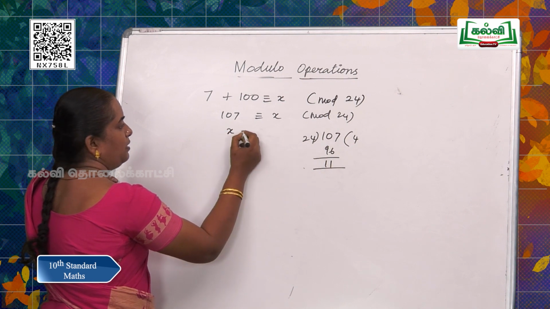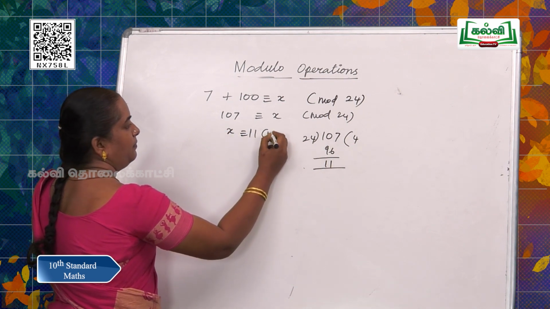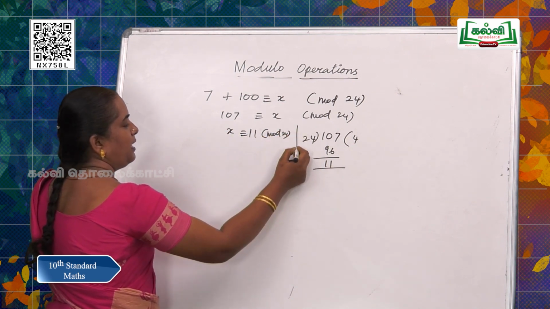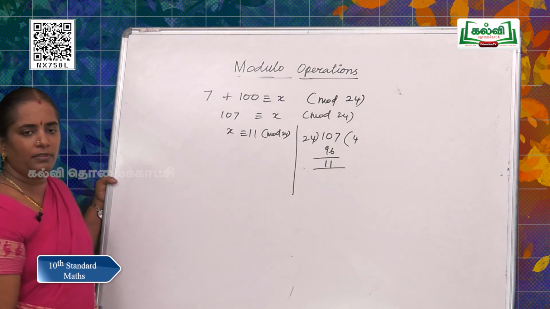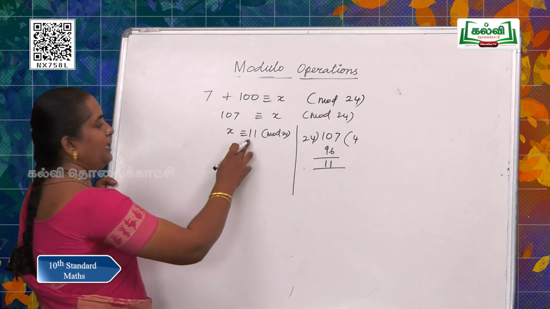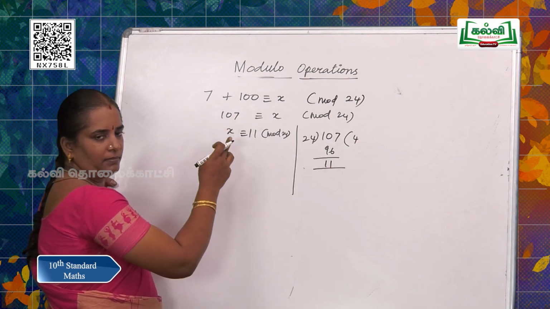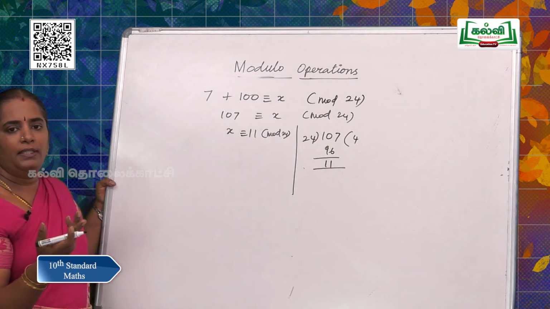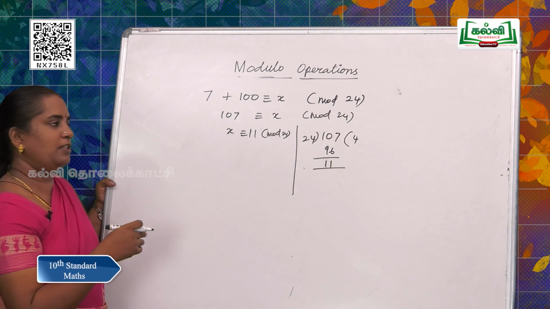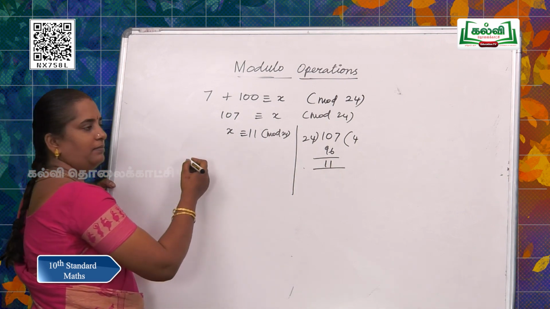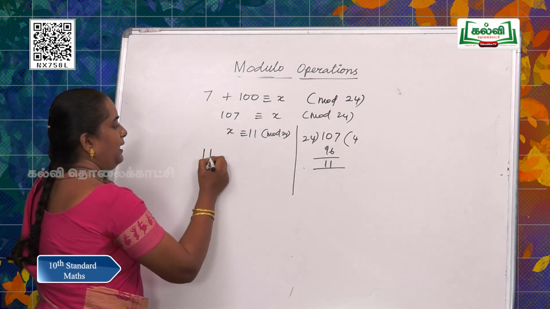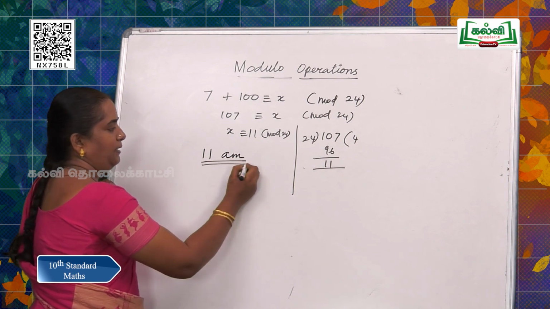So, x is congruent to 11 mod 24. So, as it goes for mod 24, that is digital time, we can say whether it is AM or PM. 11, it is before 12, so it is AM. So, forenoon or 11 AM is that time.